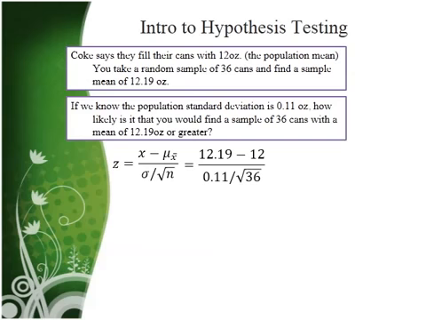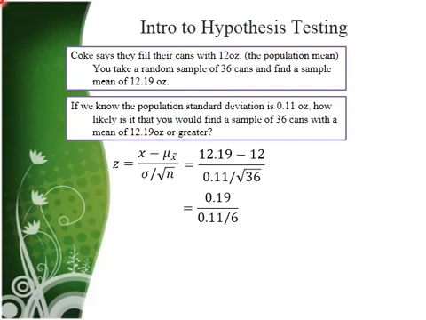That's what Coke is telling us they fill their cans with. So that's what we're assuming the mean is, and 12.19 is what we found the mean to be in our sample. 0.11, of course, is our standard deviation, but we need to divide that, in this case, by the square root of our sample size, because we did take a sample here.